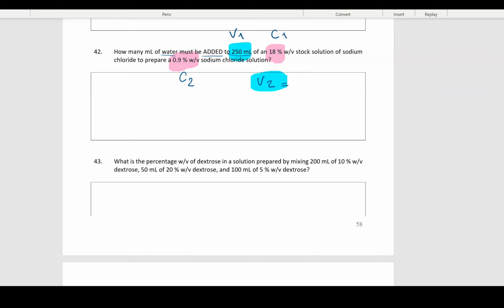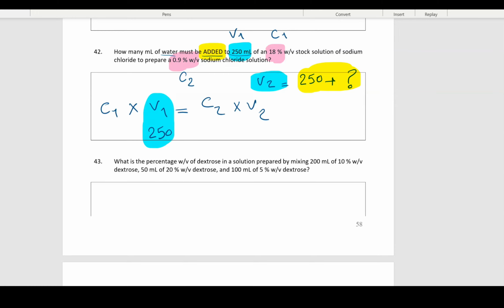Now we calculate C1 V1 equals C2 V2. That's a really important question. Added means that we have this 250 and we add something to it. So the first volume is 250.